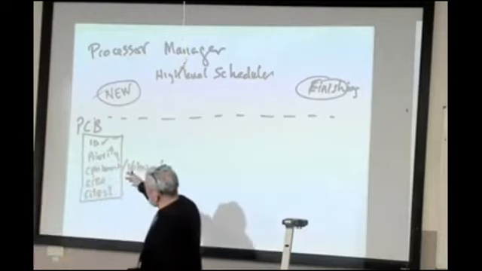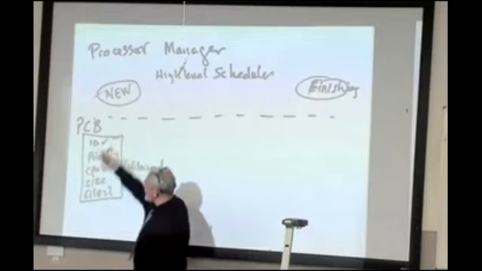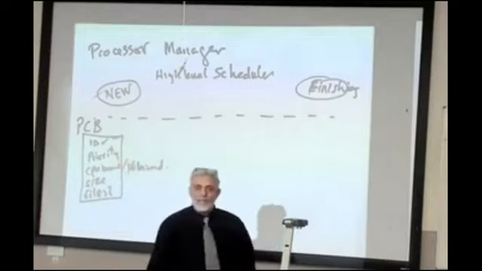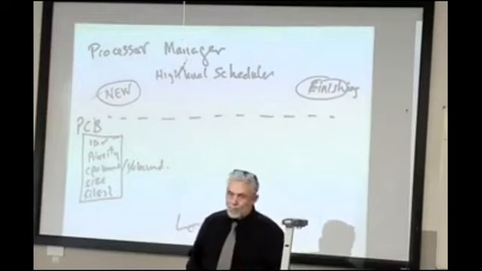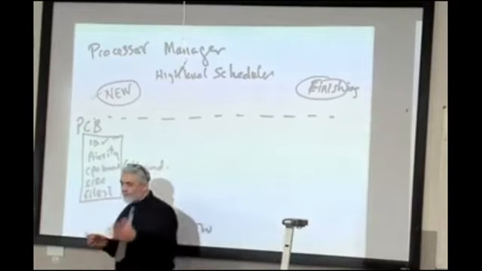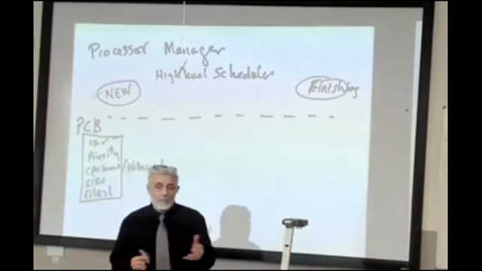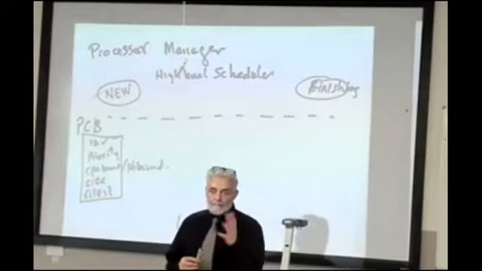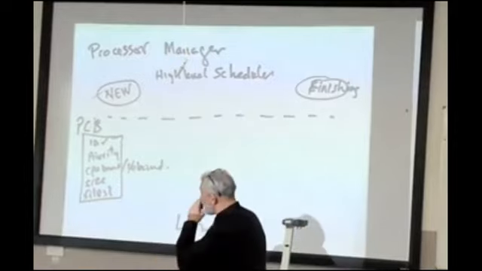But here, these are the kind of information we need, and they're written in something called a PCB. That's created on the spot. So a PCB is not a file. It's something that stays in main memory, so they call it a data structure. So if you're asked what's a PCB, it's a data structure that's created.